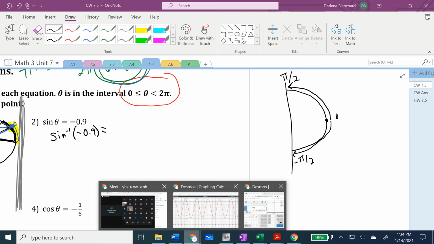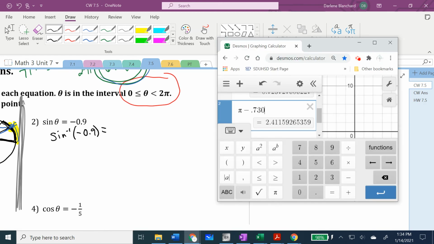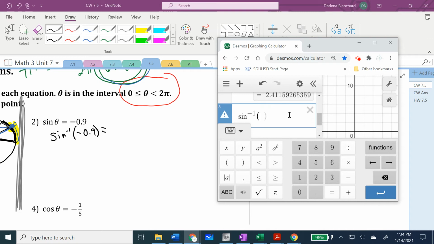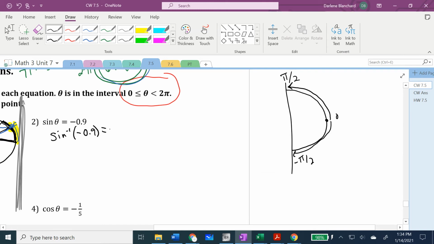So I'm going to bring back up my Desmos calculator, and I'm going to use the function inverse sine again and type in negative 0.9, and it gives me an answer, negative 1.119, but I'm going to round up, so negative 1.120.